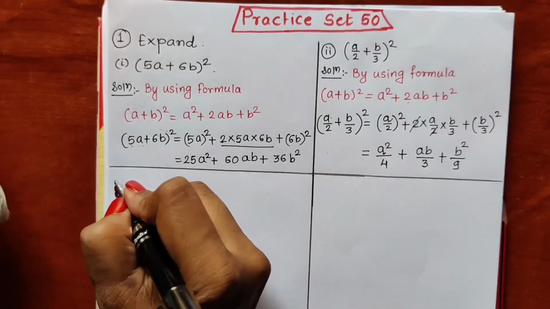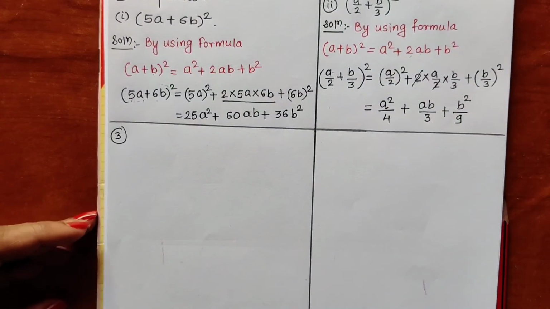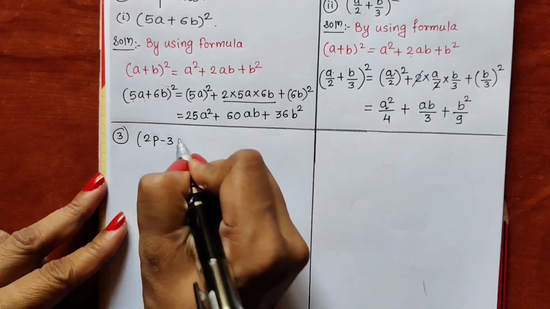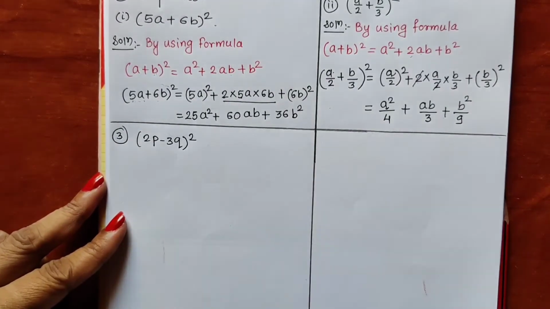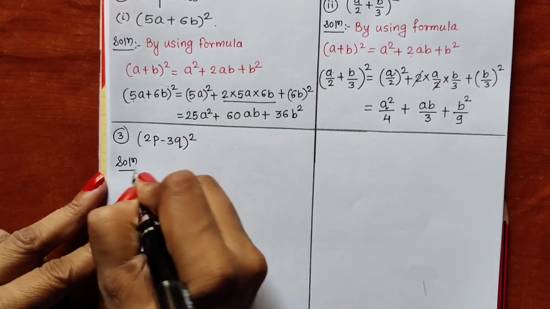Now third sum is (2p minus 3q) whole square. Now see children, minus sign is there. So which formula are we going to apply here?